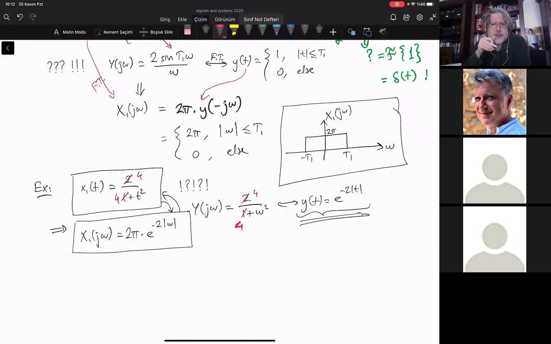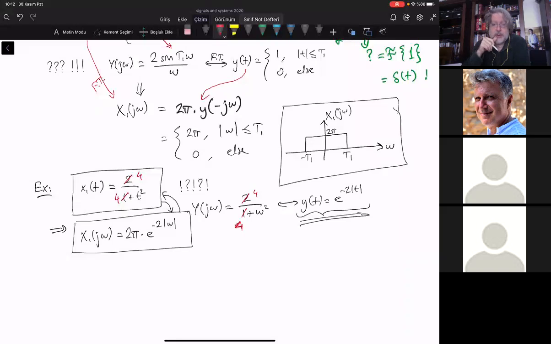The numerator and denominator values, the constant coefficients should be actually 4. So it's 4 divided by 4 plus t squared, because that would be the Fourier transform of e to the minus 2 in magnitude t. And where does it come from? We will see soon.